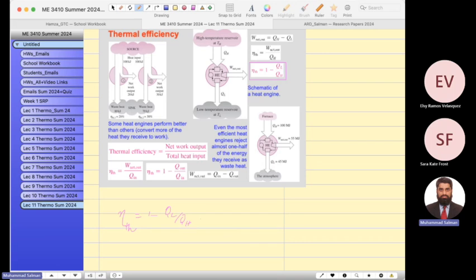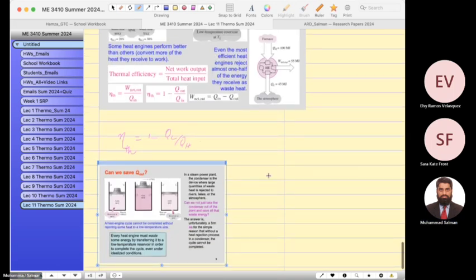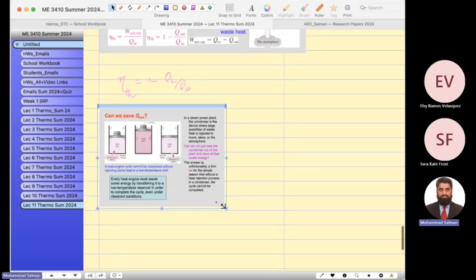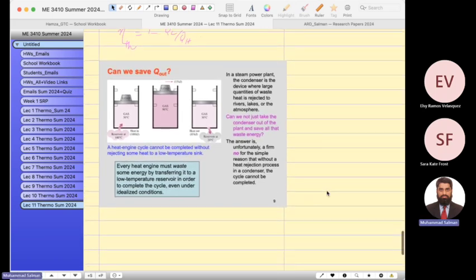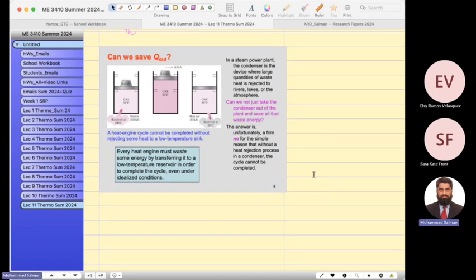And can we save Q out? Can we just take the condenser out of the plant and save all of the waste energy? The answer is unfortunately no. There must be some heat rejected in order to perform some work, which is the second law.